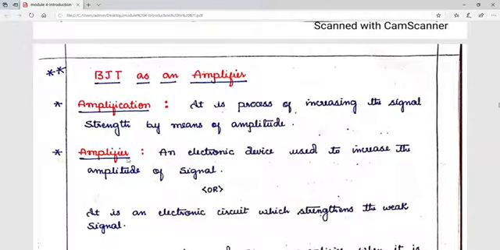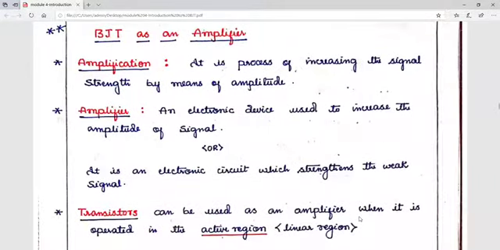An amplifier is a circuit or an electronic device which is used to increase the amplitude of a given signal, or it is an electronic circuit which strengthens the weak signals. Now, how can we use a particular transistor as an amplifier?